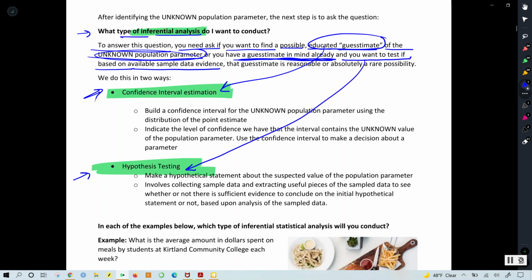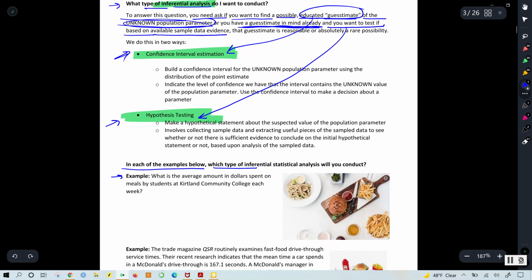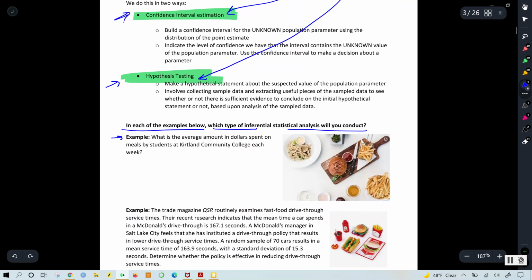So to test what we have just discussed, let's consider the following examples. In each of the examples below, which type of inferential statistical analysis will you conduct? For example, if the question said, what is the average amount in dollars spent on meals by students at some college called Kirtland Community College each week?